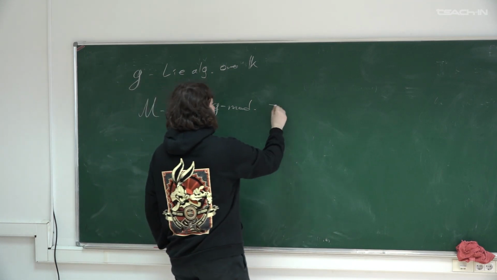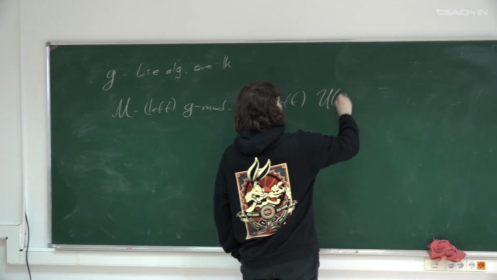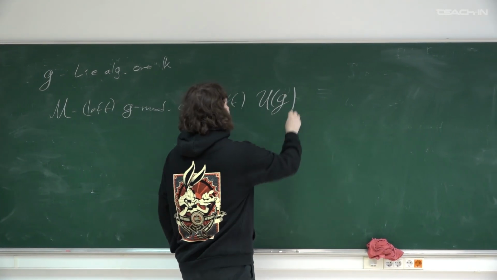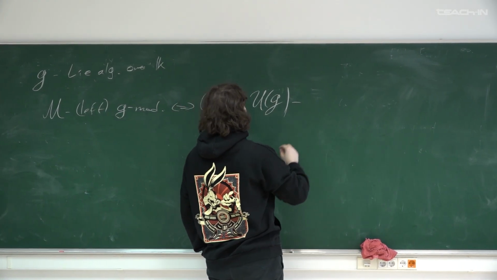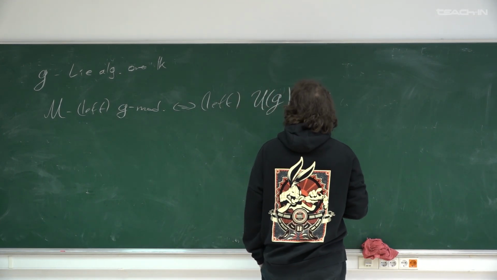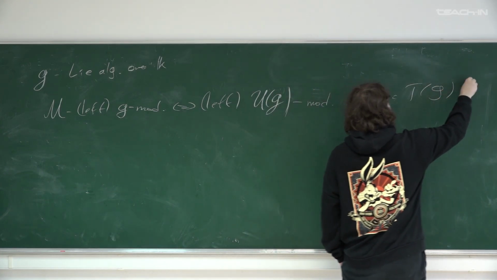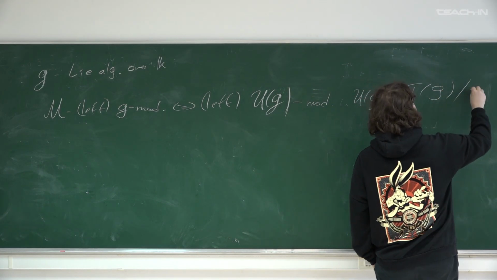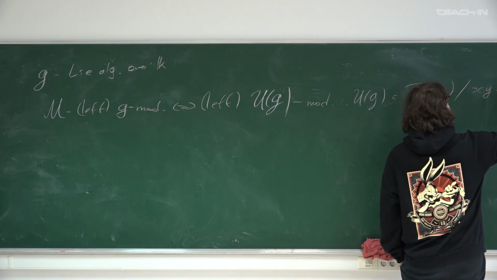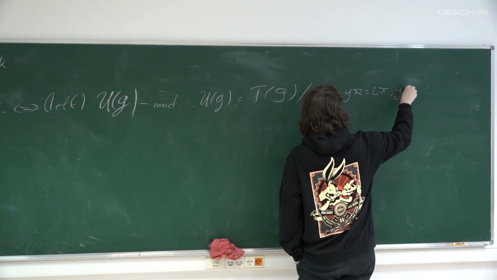It's the same thing as a left module over the universal enveloping algebra, which is just the tensor algebra over G modulo the relation that the associative commutator is the same thing as the Lie commutator.